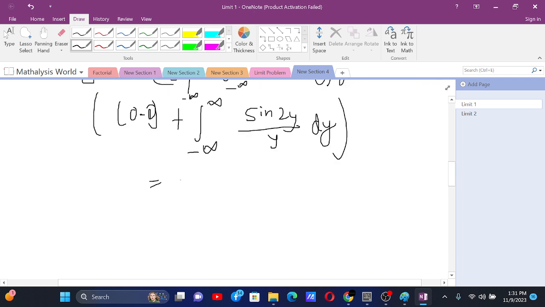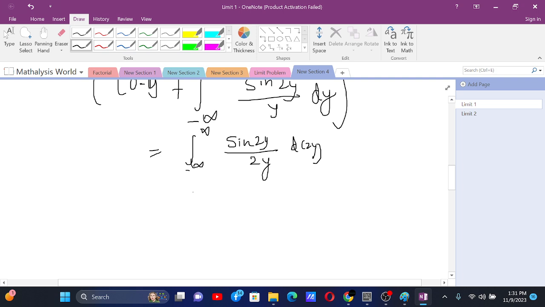Now we can make a change. For sine 2y, we can add here y times 2 and also here 2, and 2 dy becomes d of 2y. Then we can replace 2y by g, so g equals 2y, and we have the integral from minus infinity to infinity of sine g by g dg.